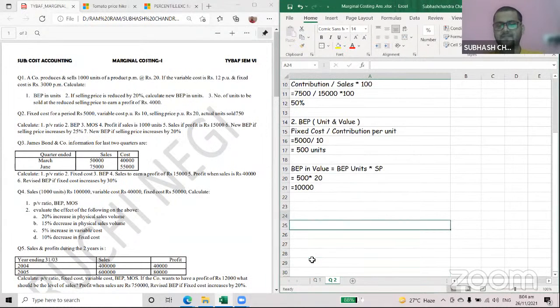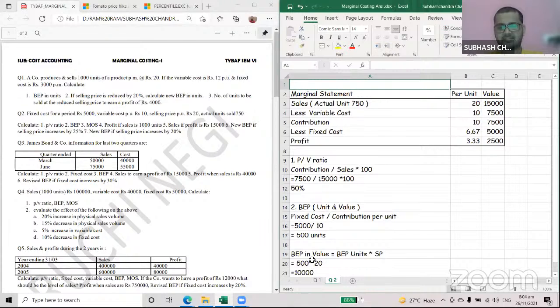Now let's move to the next point. If someone asks you how you will prove that this BEP is correct, it is very simple. At BEP, you all know, profit is 0. Let me help you to prove BEP. Profit is 0. That means fixed cost 5,000 is given, so contribution must be 5,000.